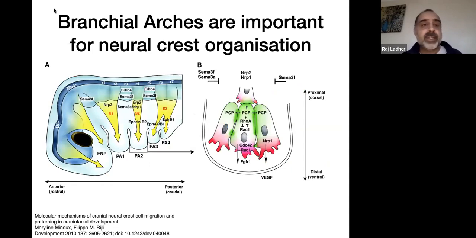So as I mentioned, the branchial arches are important organizational units for neural crest. The neural crest does leave the neural tube, and it flows in particular streams. Crest that leaves the forebrain region, for example, will flow into what's called the frontonasal process. This is essentially this part of the head.